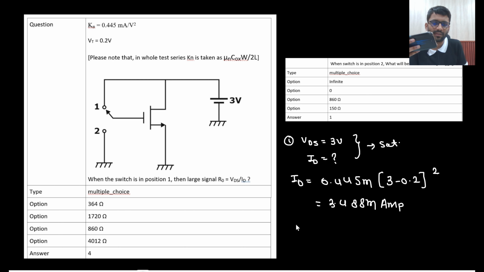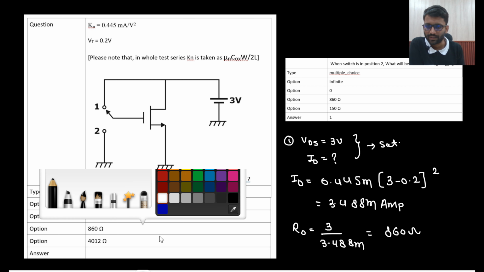And what will be your R naught? R naught will be 3 divided by 3.488 milli, so reciprocal into 3, 860. So here the answer would be 860 only. I just checked it. There is some error here, I will improve it. The answer would be 860.